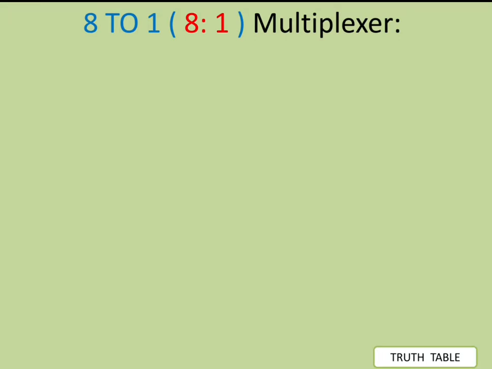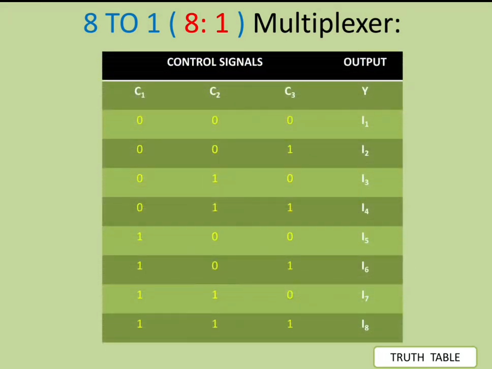We have our truth table in front of us. When the control signal value is 000, then the output is produced as the first input. The first input will become the output. And when the control signal provides 001, then our second input becomes our output.